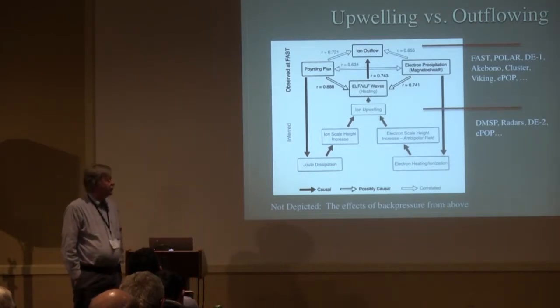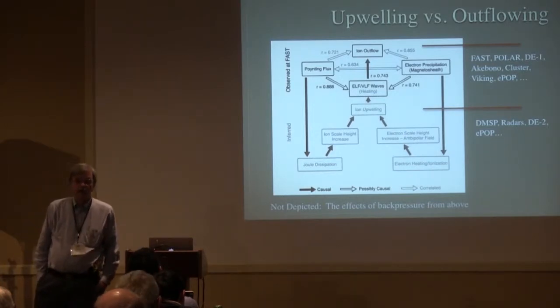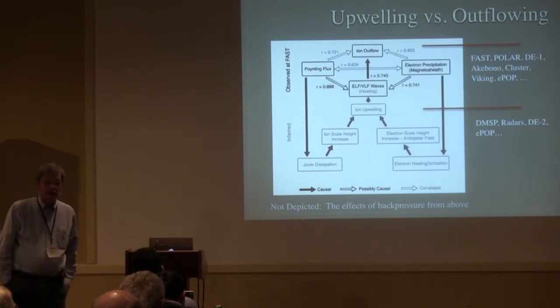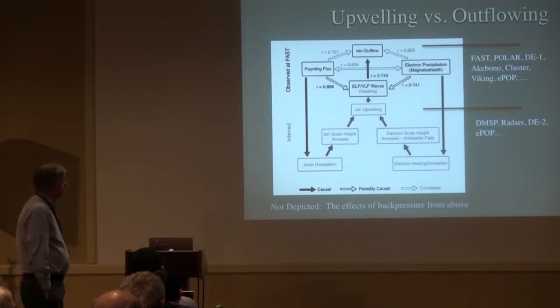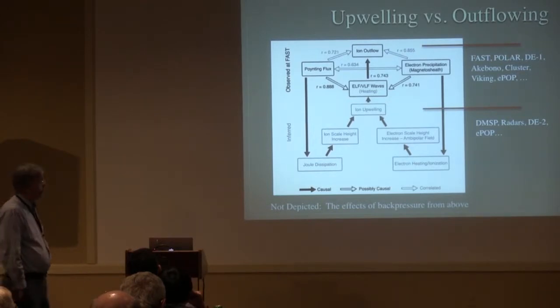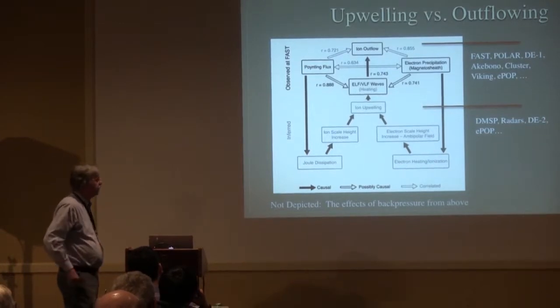And this figure, of course, comes from Strangeway, and it omits 2 important things that I want to talk about. The first important thing is it doesn't talk about photoelectrons, which are everywhere, and those are just the same thing as more soft electrons. So you can treat photoelectrons as energy precipitation, except it's locally injected.